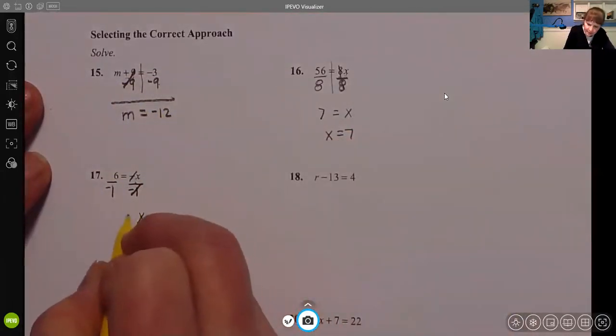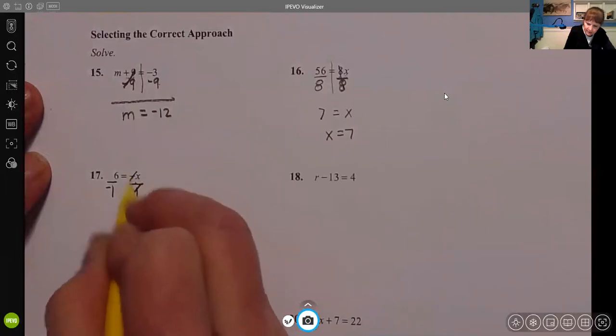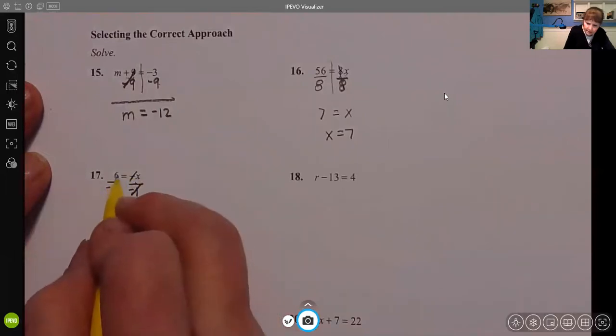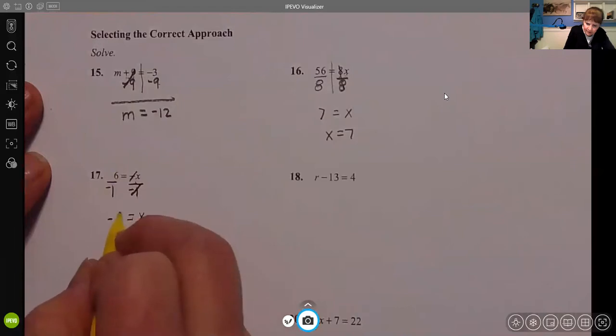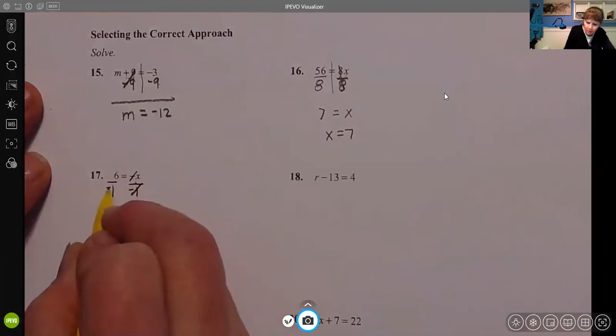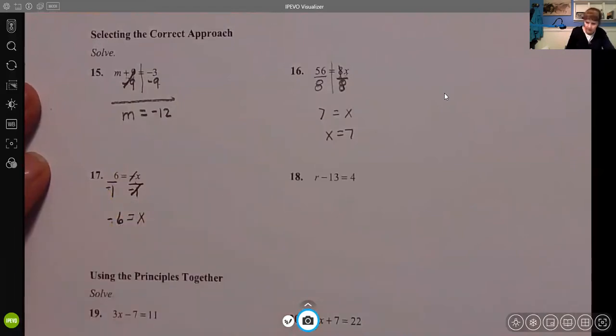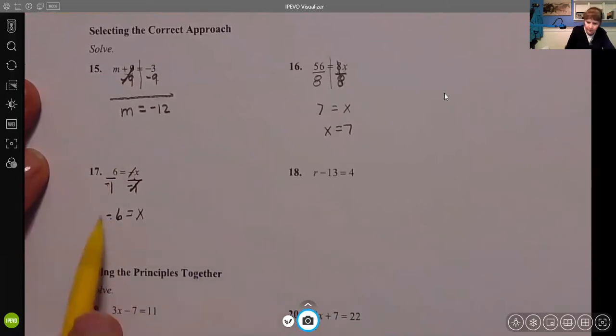So we have x equals, because it's by itself, the negatives are gone. 6 divided by a negative 1 is a negative 6, because you've only got one negative, and one is odd. So you end up with a negative 6. If you put a negative 6 in, the opposite of a negative 6, a negative negative 6, is a positive 6.